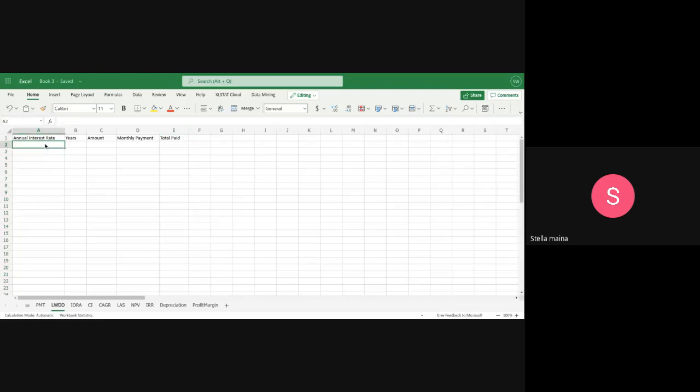So our annual interest rate is 6%, and then a 20-year duration, so here it's 20. And then the amount borrowed is $150,000.